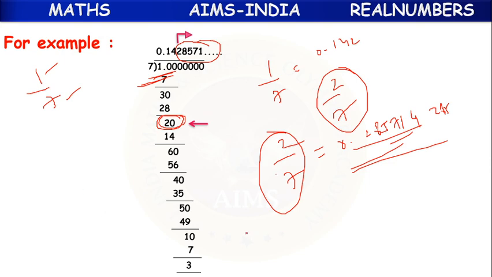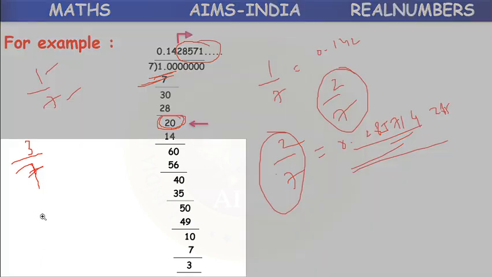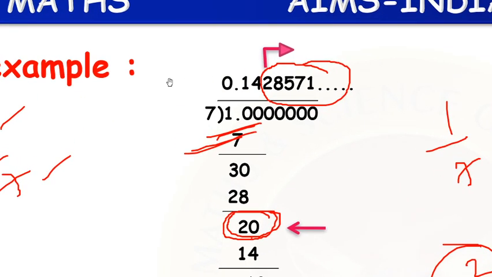Suppose from this table, if I want to find the expansion of 3 by 7, what do we have to see? We have to see 30. 30 is the dividend, 7 is the divisor.